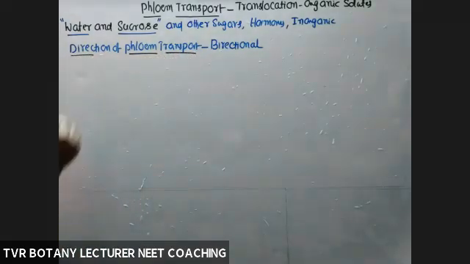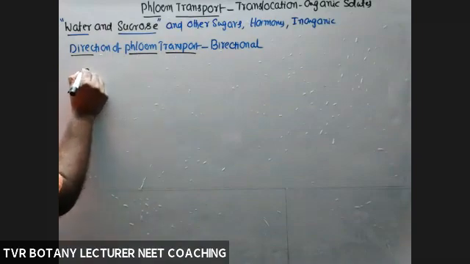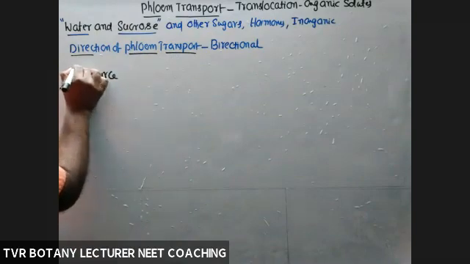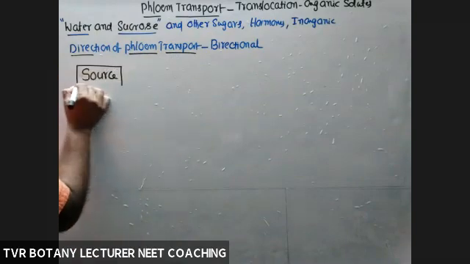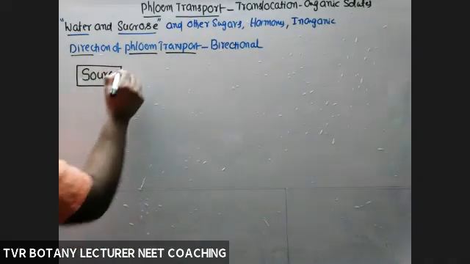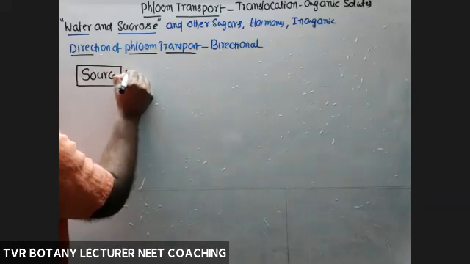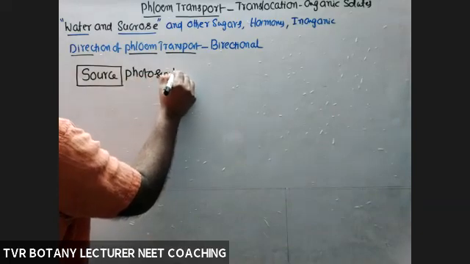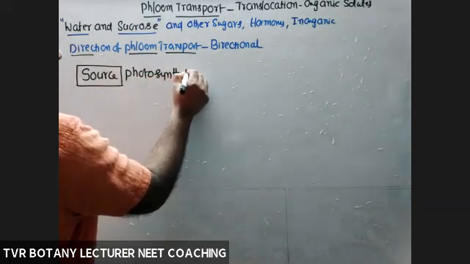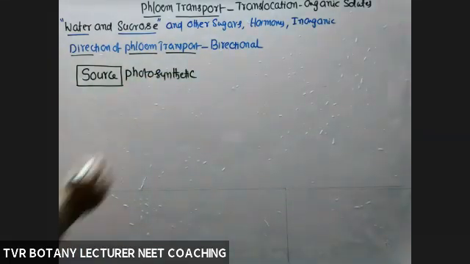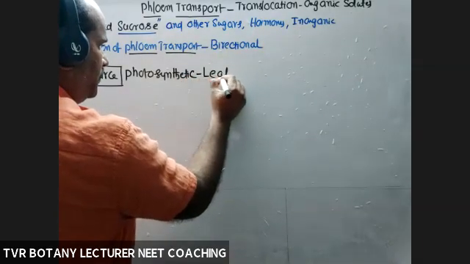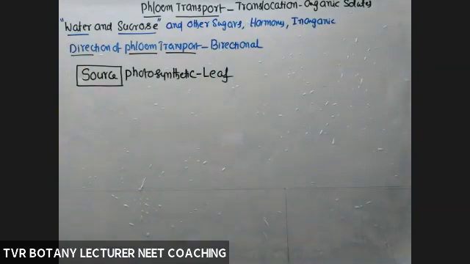bidirectional transport? For example, the source. What is that source? Source is a photosynthetic part, for example the leaf. The major photosynthetic part is the leaf.